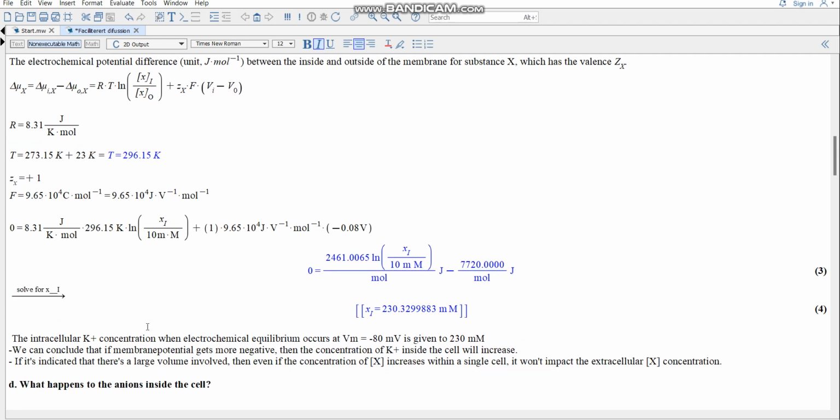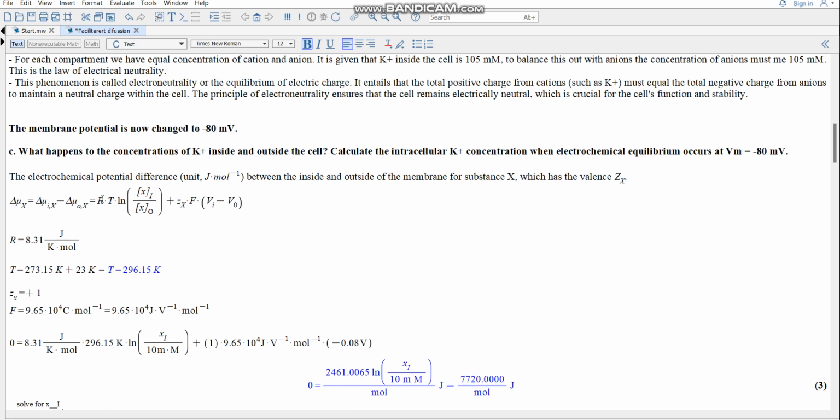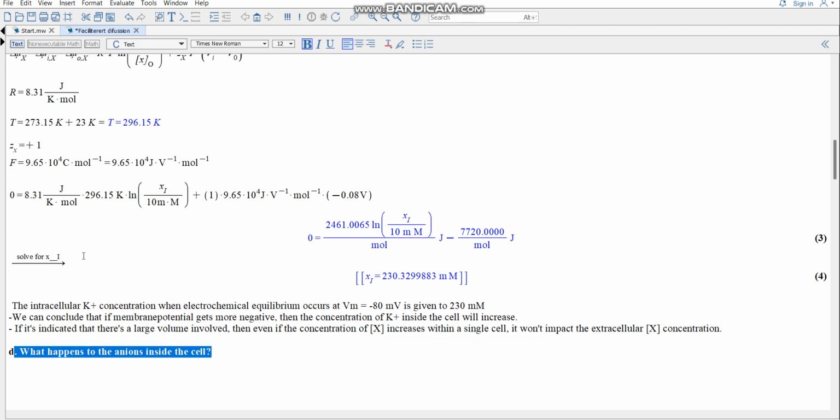and so that's it. And then of course we have D here, what happens to the anions inside the cell. You guys should be able to do this very quickly because it's the exact same thing as B here, right? So the anions will equal the amount of K+, so 230 millimoles.